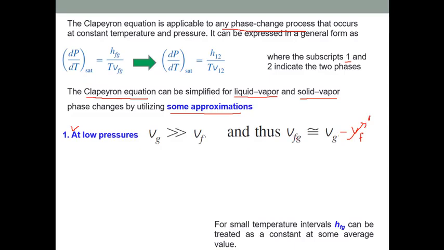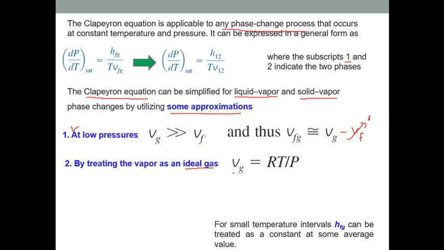As a result, vfg will be approximately equal to vg. And the second approximation is that if we treat the saturated vapor as an ideal gas, we can apply the ideal gas equation to calculate the value of vg. So vg will be equal to RT by P.